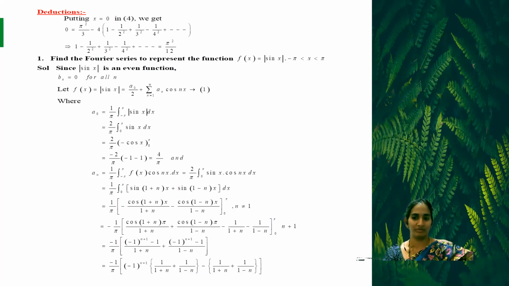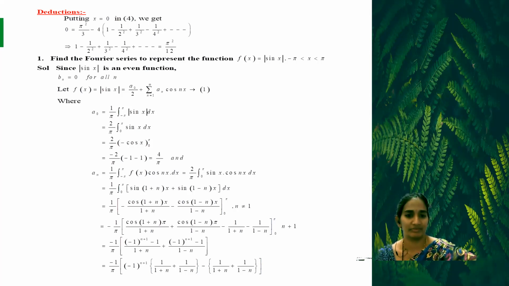We know the formula for a naught equals 1 by pi integral minus pi to pi mod of sin x dx. Now mod of sin x is an even function, so we write two times the integral 0 to pi.